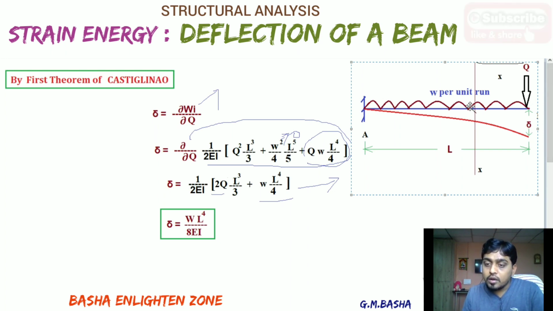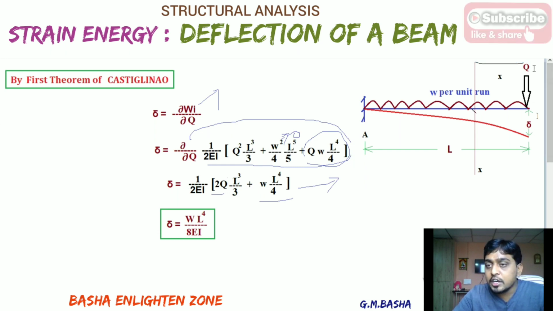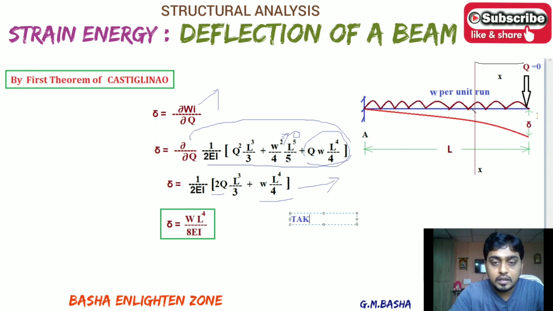So after obtaining the simplification, by getting all the equations, what you have to do is take that Q equal to 0. Whatever we introduced in the initial stage, I am taking that equal to 0.